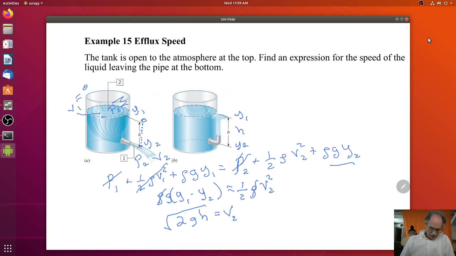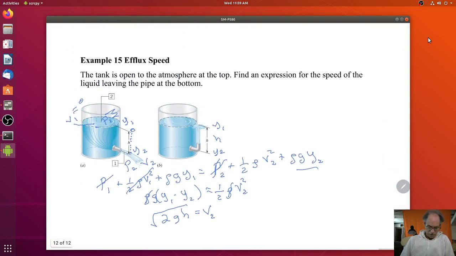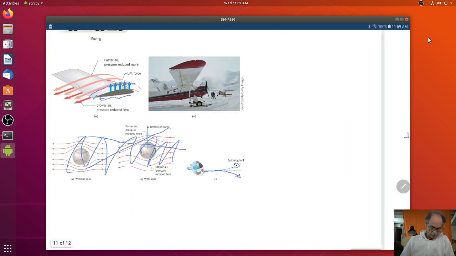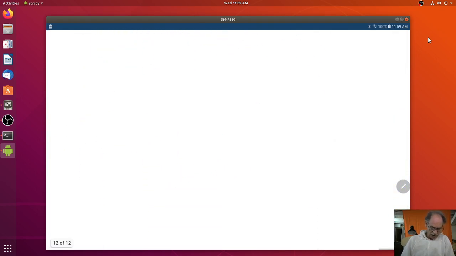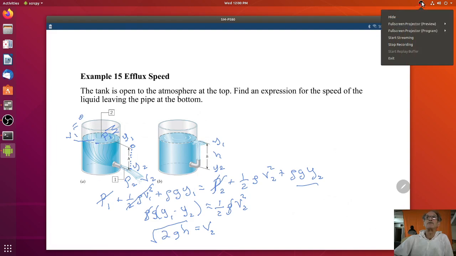So that's the efflux speed formula, and I don't see anything else. I don't see any examples or anything. So I'm going to go find a couple of examples, homework problems to work for this, to add a little bit to these notes. These notes are sort of lacking in examples, I think. So that's it for our last section that will be in this chapter.